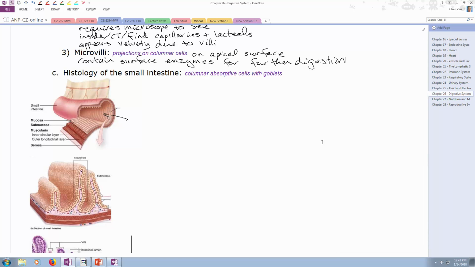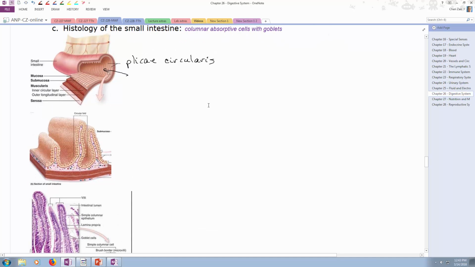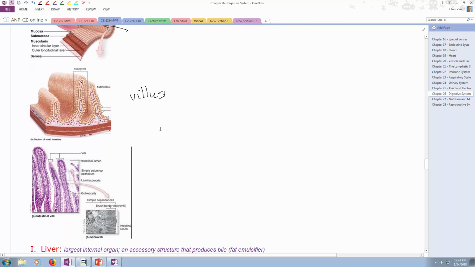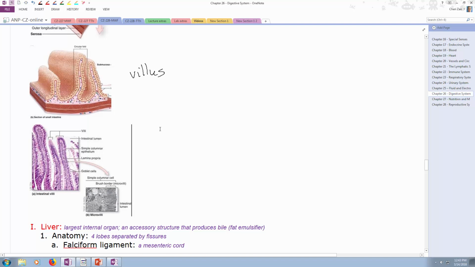Again, this is just meant to show us the plicae circularis, increasing our surface area that way. This is meant to show you a villus, where we have an actual projection of the epithelium and associated CT, where those blood vessels, capillaries and lacteals are located.